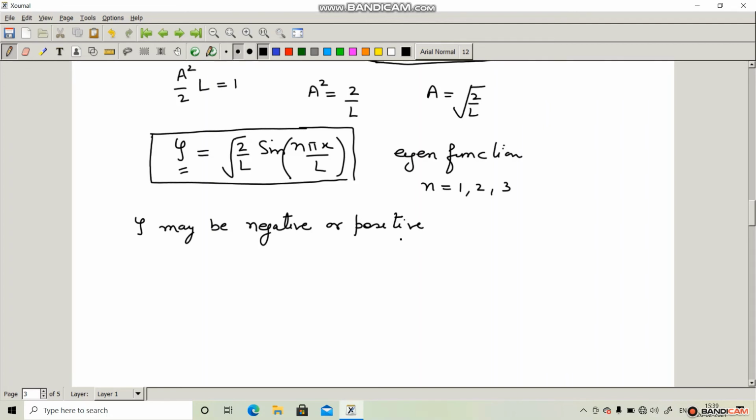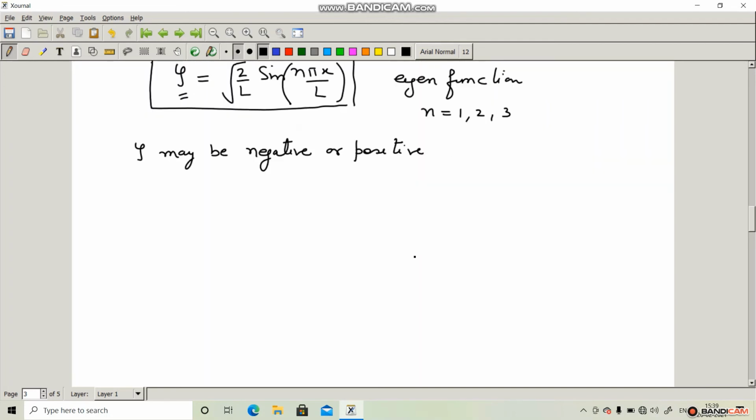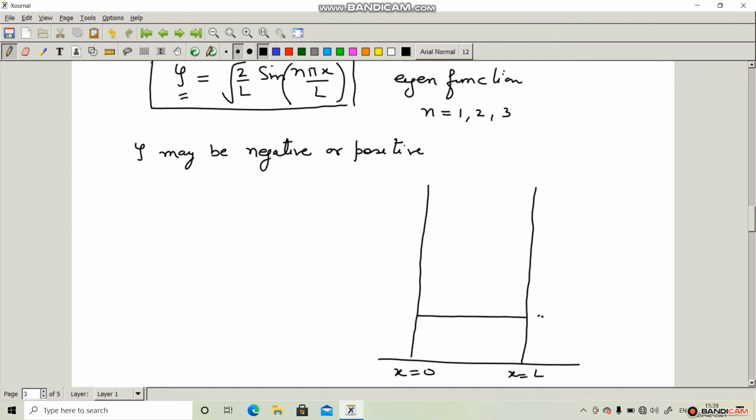So if we want to represent psi in the potential well, suppose this is x equal to 0 and this is x equal to L, and if this is n equal to 1, we can say psi 1.